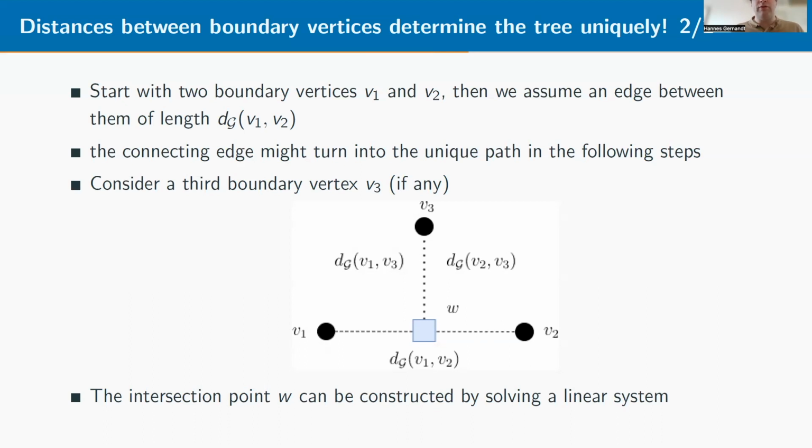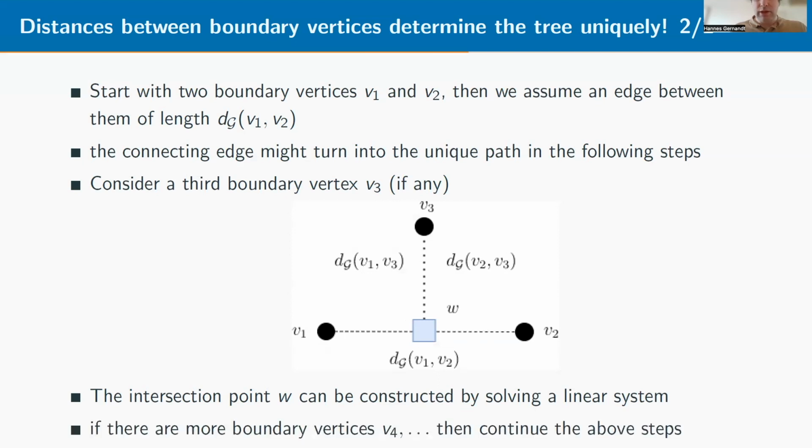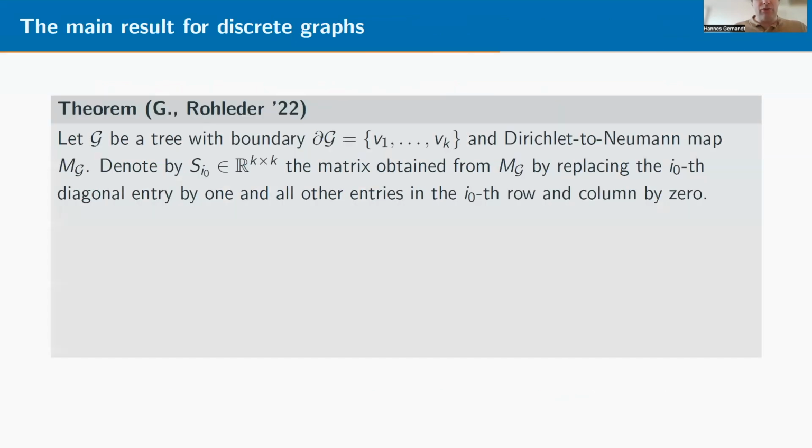So if there are even more boundary vertices, you can repeat that and you will obtain a unique graph by doing this. And this shows then that the tree is uniquely determined from the distance of each pair of boundary vertices. Okay, that was the idea.